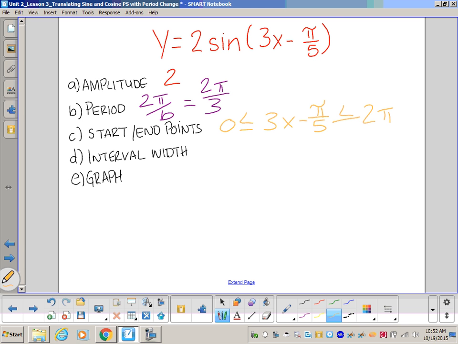So now we have to add pi over 5, and then we'll divide by 3.